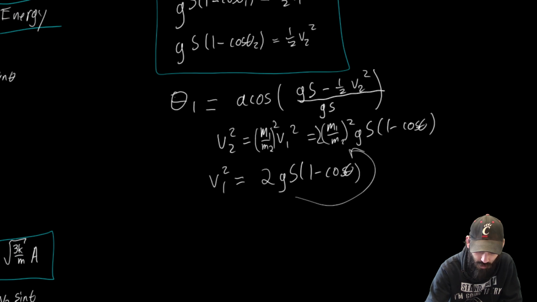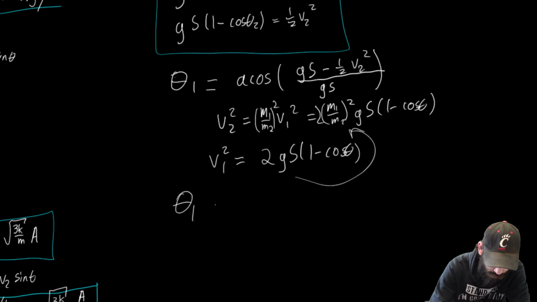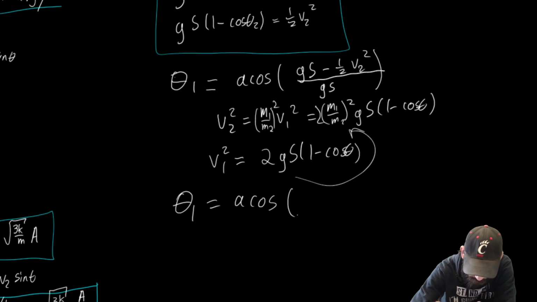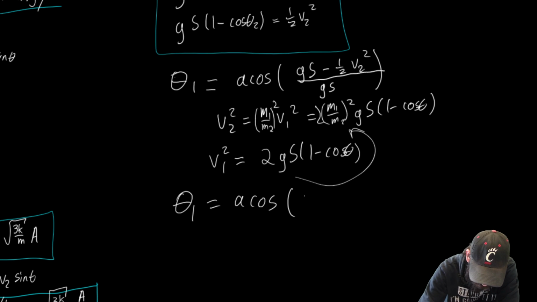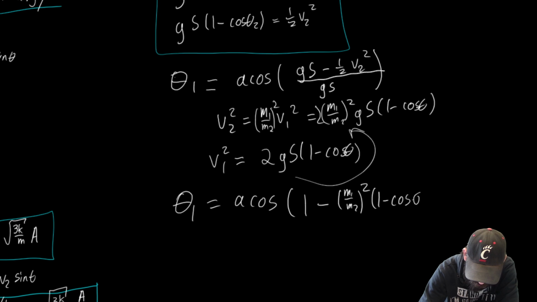And then what we have in the end is that theta 2 is equal to a cos of 1 minus, the 2's cancel. Oh, this actually works out pretty nicely. This is going to be M1 over M2 squared. GS's cancel. This is 1 minus cosine of theta 1. And then that's it.